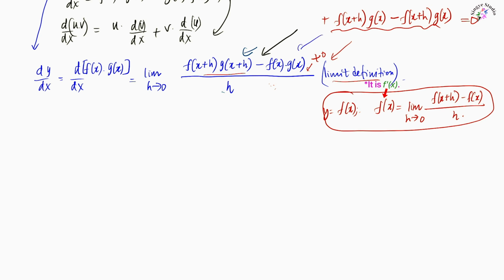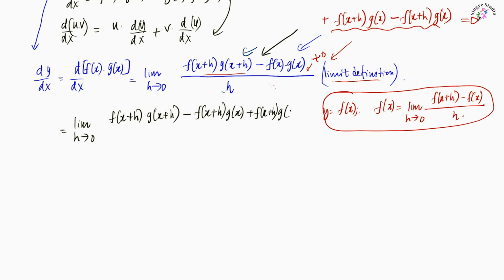So by making this modification, we can write the limit h approaches to 0 of f of x plus h g of x plus h minus f of x plus h g of x plus f of x plus h g of x minus f of x g of x, all divided by h.